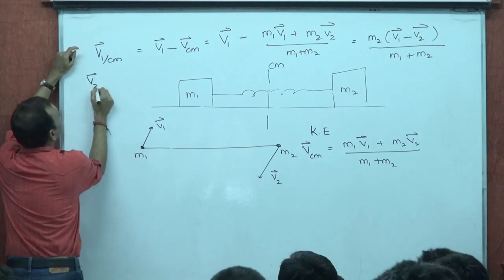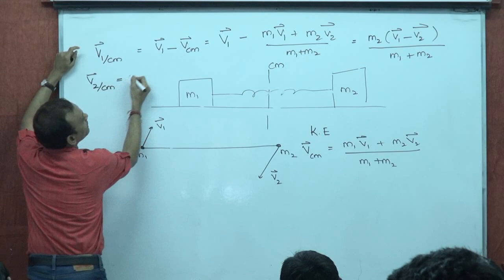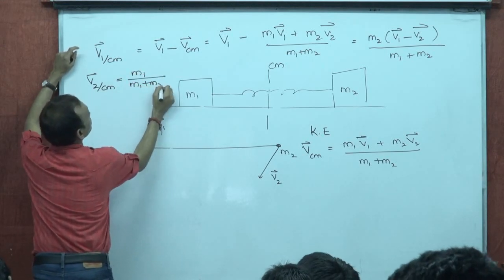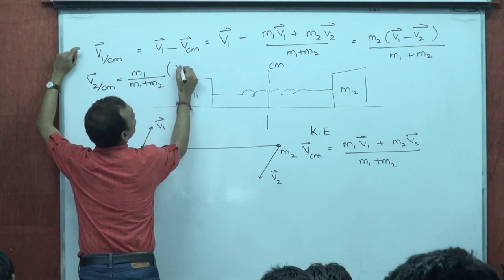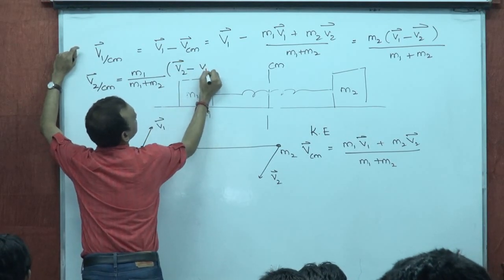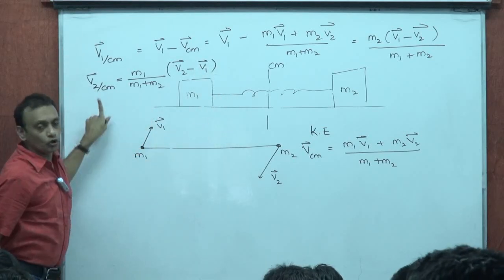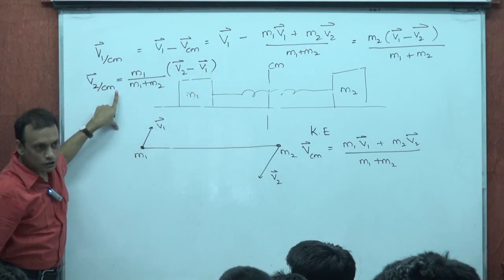What's the velocity of 2 in the center of mass frame? It's going to be M1 by M1 plus M2 into (V2 minus V1), right? That's the velocity of 2 in the center of mass frame.